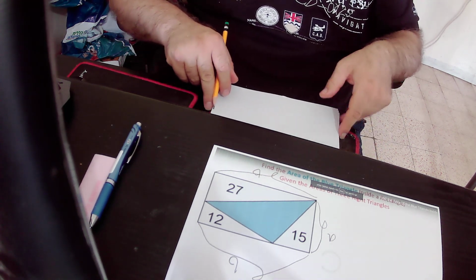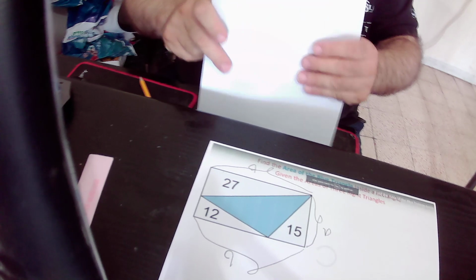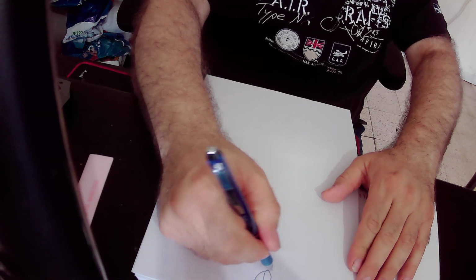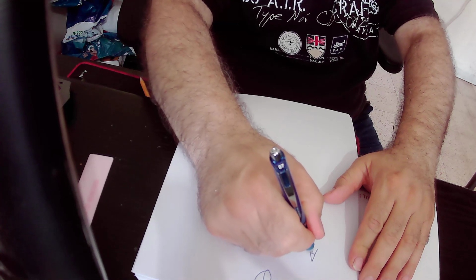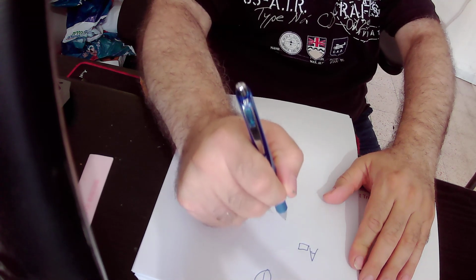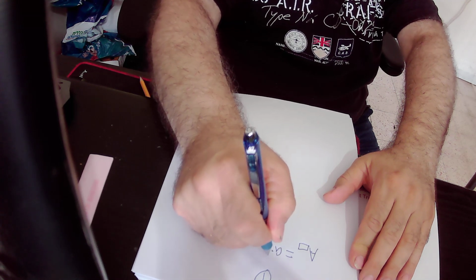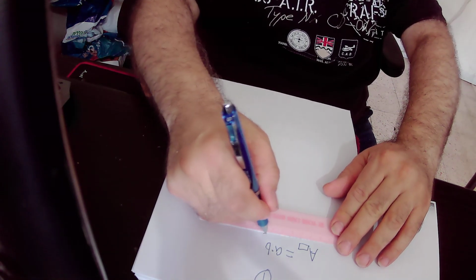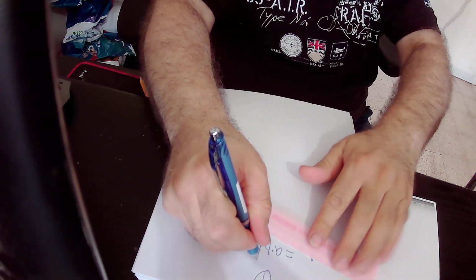Okay, so we can write it down. We will call the area of the rectangle capital A, equals A times B. The width of the rectangle times the length of the rectangle equals the area of the rectangle.